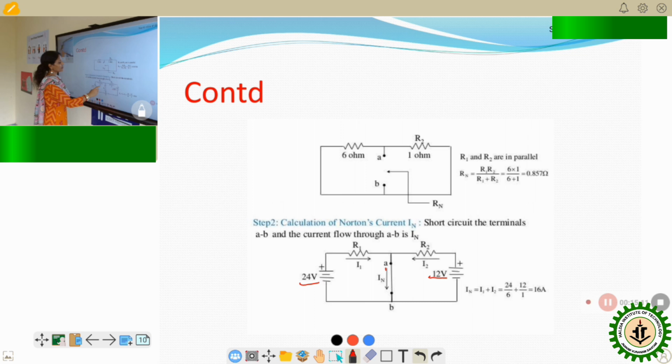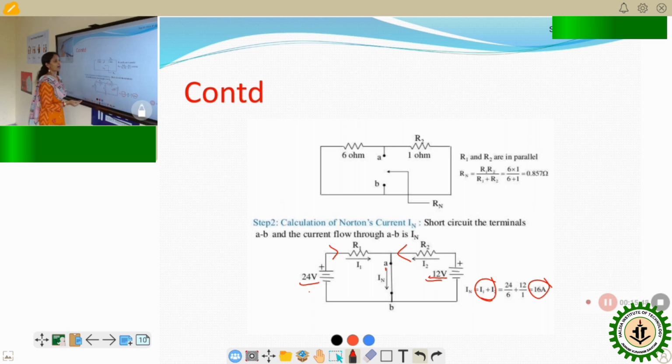If the currents are I1 and I2, then IN will be equal to I1 plus I2. From this network it is very clear that I1 will be 24 by 6, since R1 is 6, and I2 will be 12 divided by 1, so it will be 16 ampere. This is the IN or ISC, the Norton's equivalent current or short circuit current after removing RL and short circuiting. The current is 16 ampere.